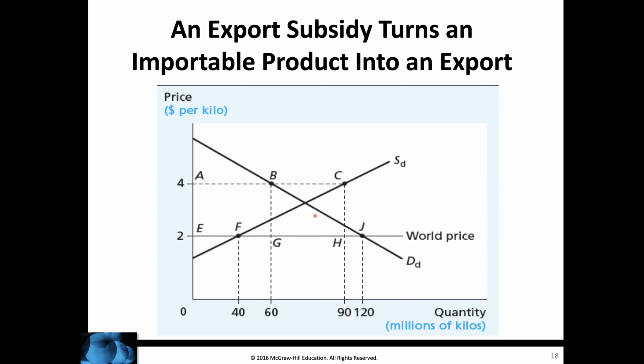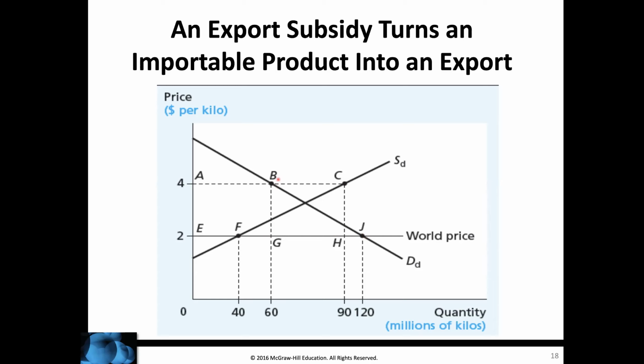So the net loss of national well-being is the sum of a production deadweight loss of area F, C, and H. So this triangle, as you can see, FCH, and a consumption deadweight loss of area B, J, and G. So that is the net loss of national well-being as a result.